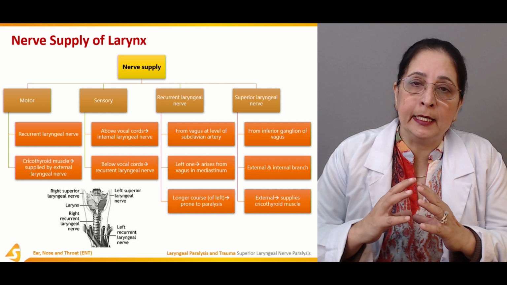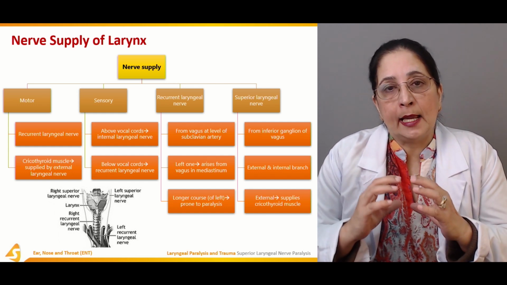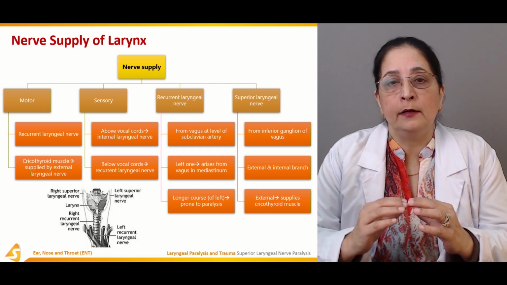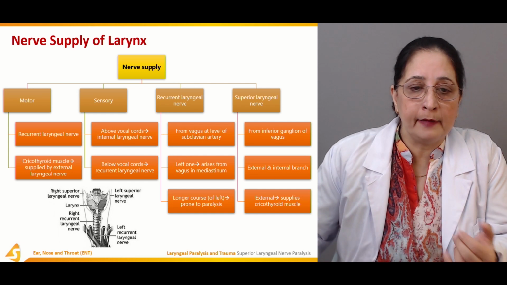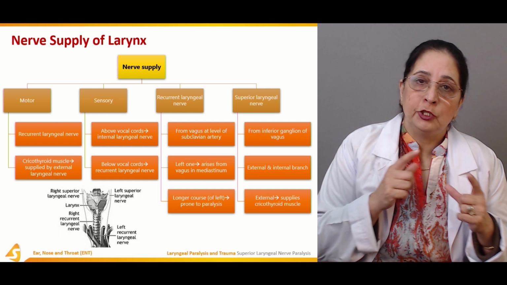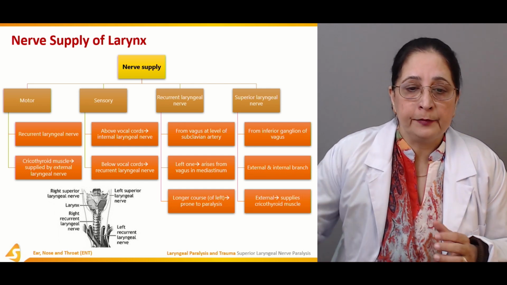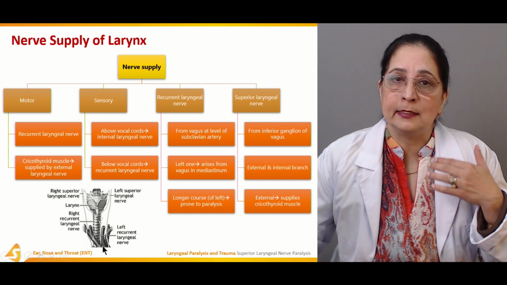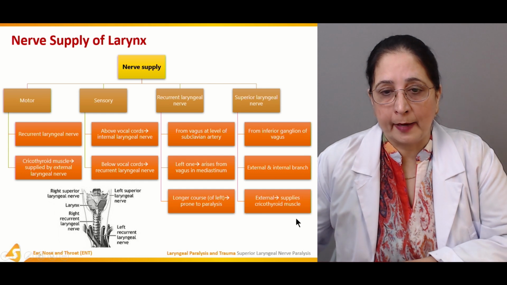But the main thing is, you should know that the main nerve supply is coming from the recurrent laryngeal nerve and the superior laryngeal nerve, which are on the right side and the left side. And the left recurrent laryngeal nerve has a long course, so this is more prone to paralysis.